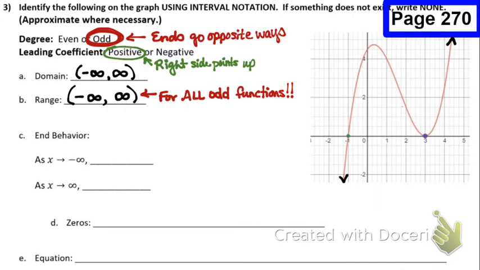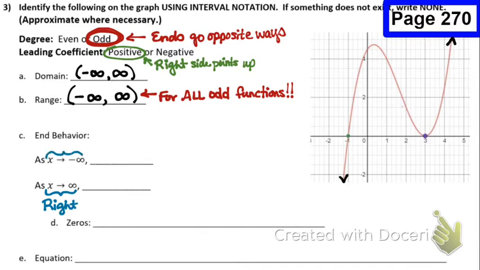End behavior. I have to decide which one of these is the left and which one of these is the right. How do I decide which one means left and which one means right? Because the right is understood. Yeah. X with an arrow and the infinity sign without the negative in front of it. Positive numbers are found on the right side of the x-axis.